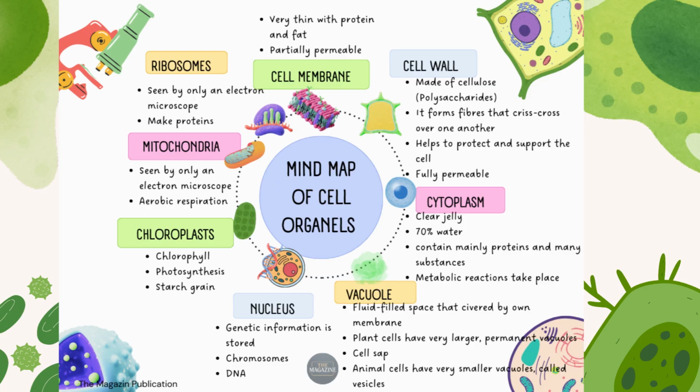Next one is the cell wall. The cell wall is made of cellulose, which is a polysaccharide. You will learn about that in the next chapter. This cellulose forms fibres that crisscross over one another, which gives strength to the cell wall and also helps to protect the cell.